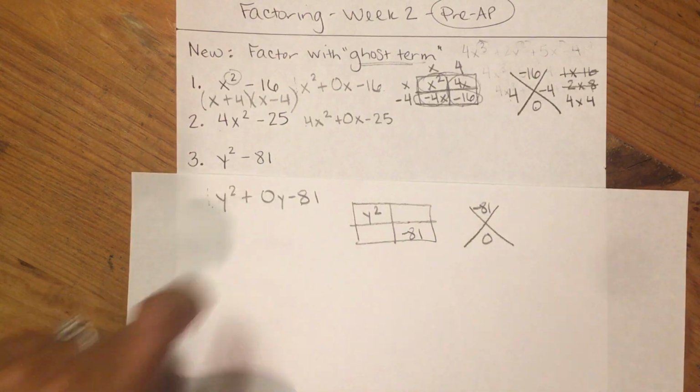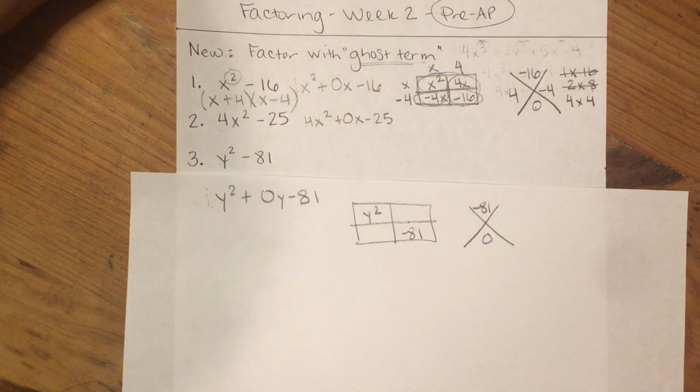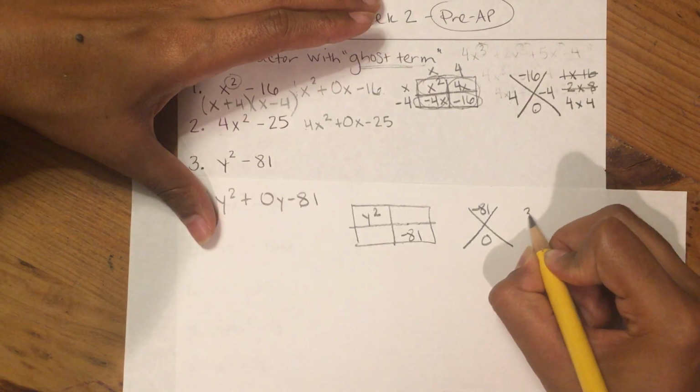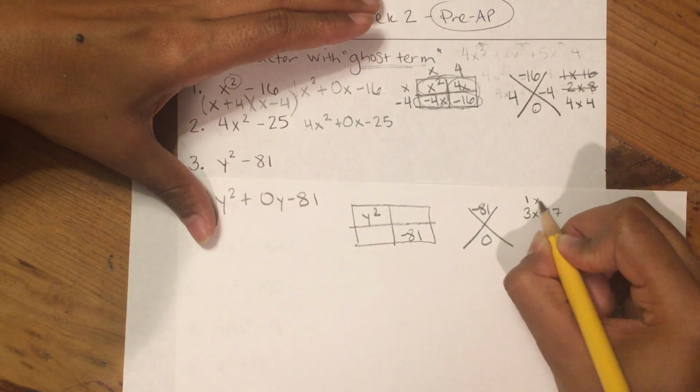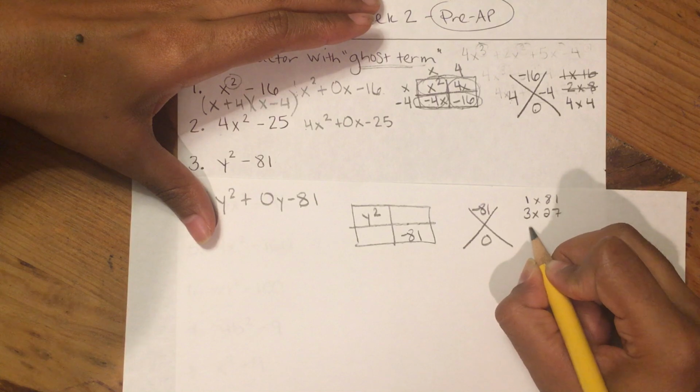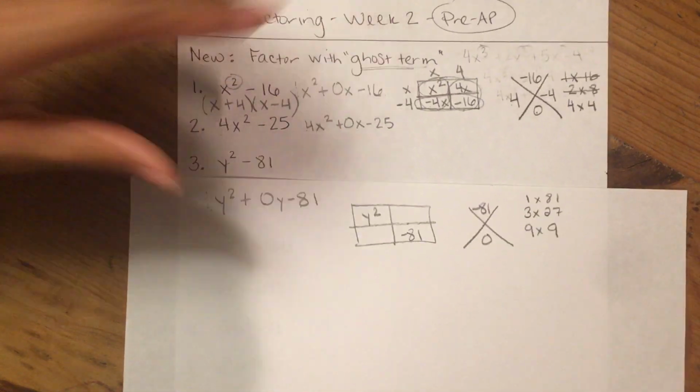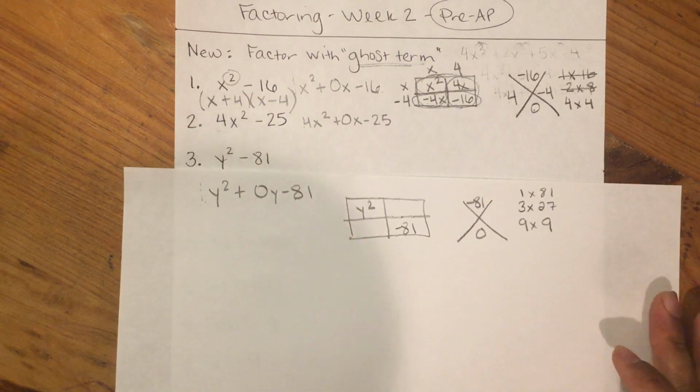Bottom, boom. Think of all the ways to make 81 by multiplication. Oh my Lord. It's going to be 3 times some junk, some other junk times some junk. But I already know the answer. It is going to be 9. Here they are. You got them?